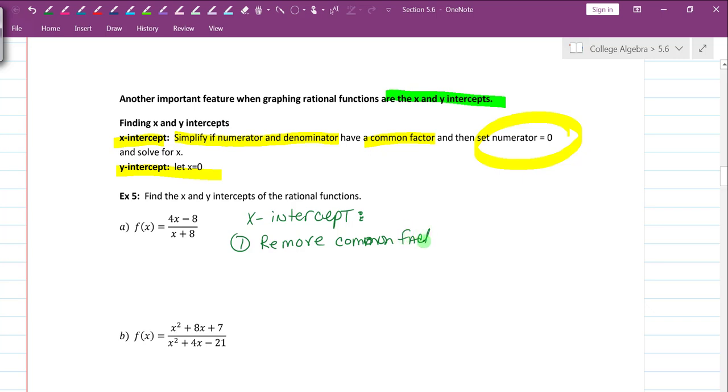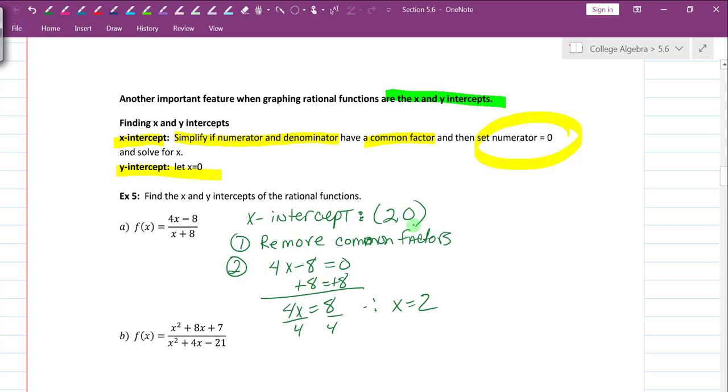There are none, okay, so there's nothing to remove. So step 2 then is set the numerator 4x minus 8 equal to 0 and solve. We will add 8 to both sides and we get 4x is equal to 8. Divide both sides by 4, therefore x is equal to 2. So our x-intercept is the point (2, 0).